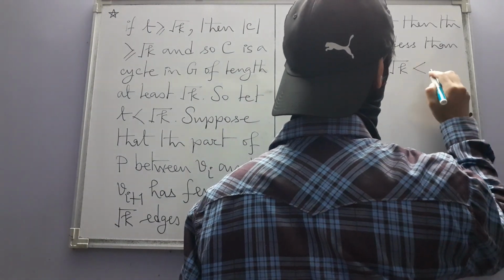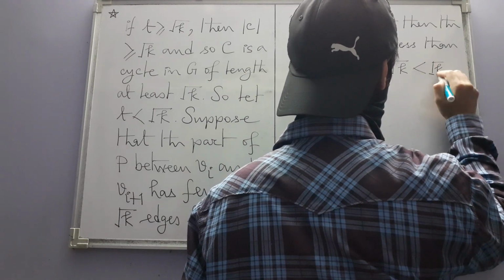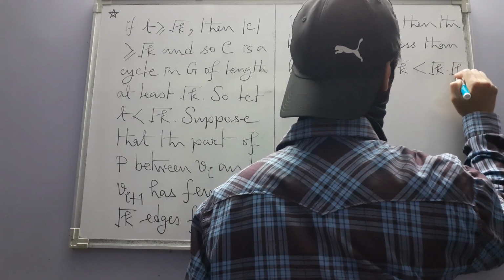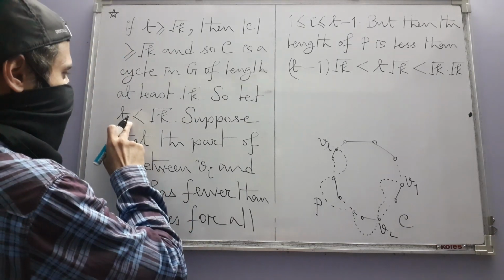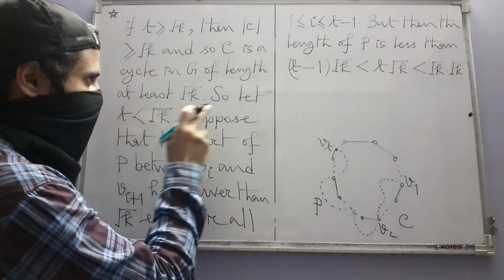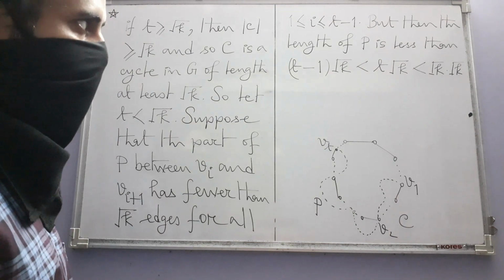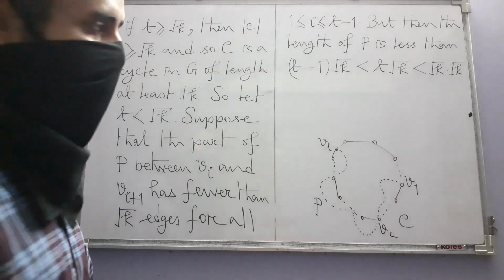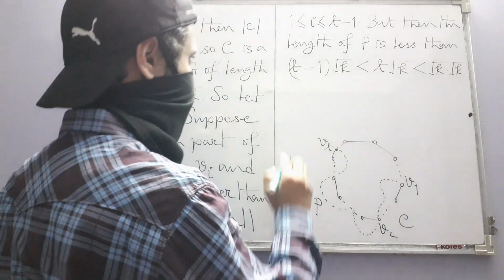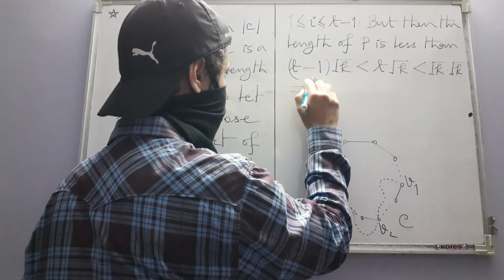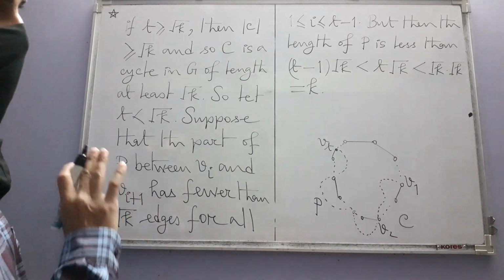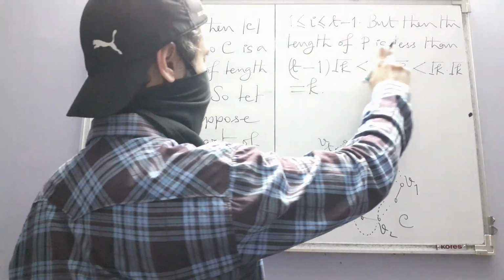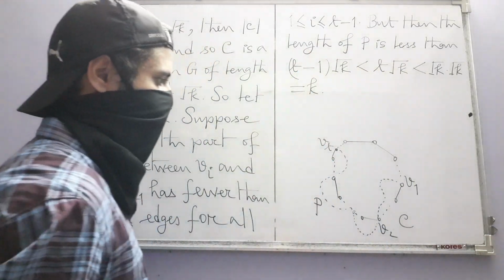So this is less than square root of k times square root of k. Again, you can multiply on both sides of this inequality by square root of k, because that's a positive real number, and have this inequality. But that is k. So what we have concluded is that the length of P is less than k.